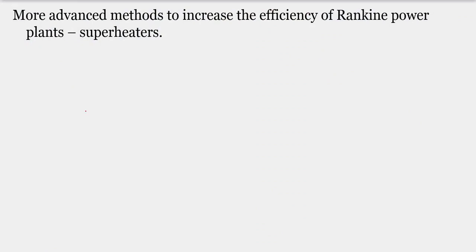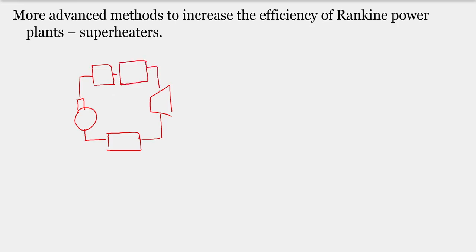Okay, so we take our basic power plant cycle. We have our pump, we have our condenser, and we have our turbine. And up here, we have our boiler. Notice I'm making our boiler much stubbier than it was before, because what I want to do is emphasize here our superheater. So let's label our system.